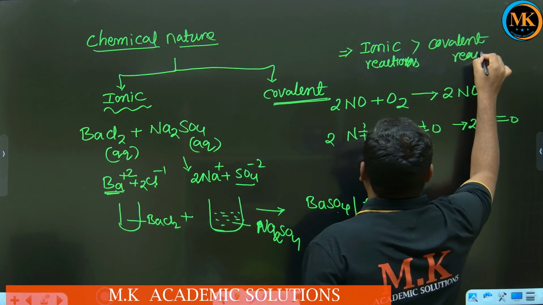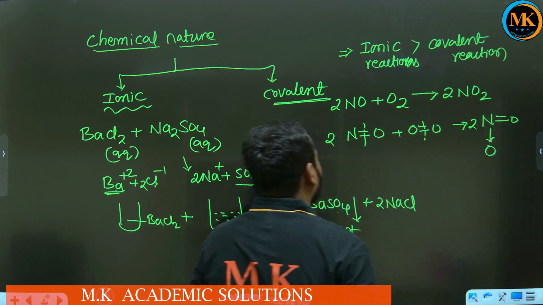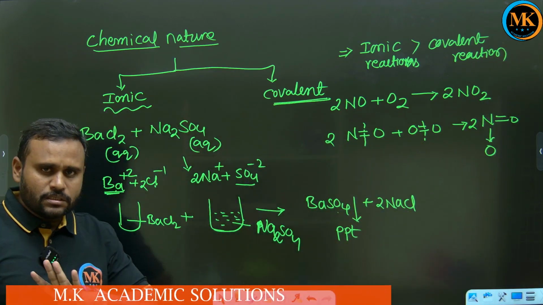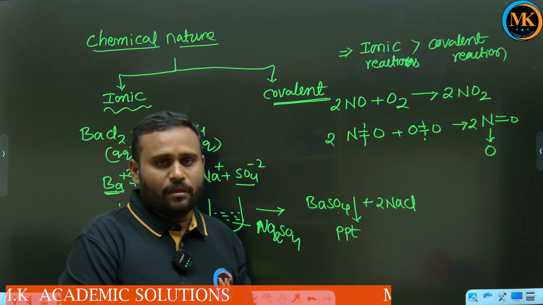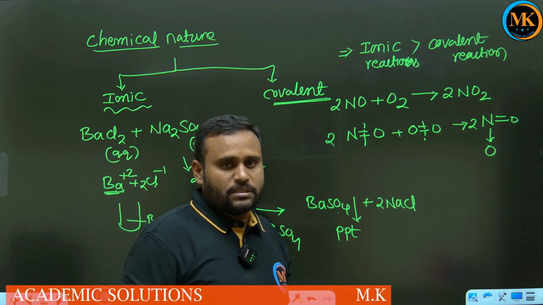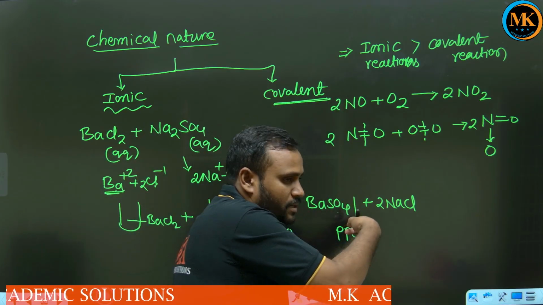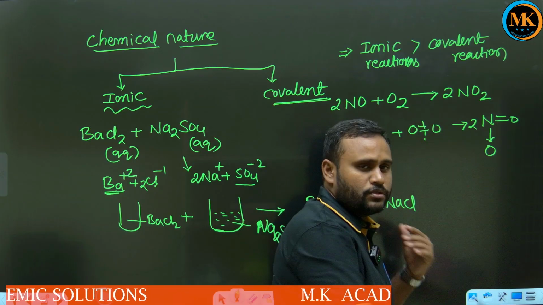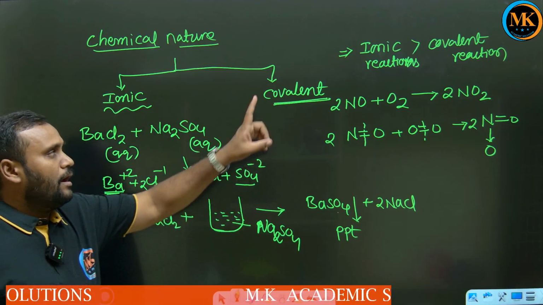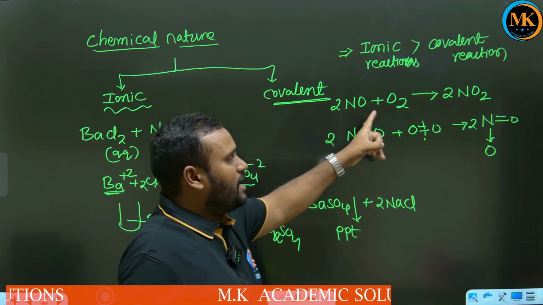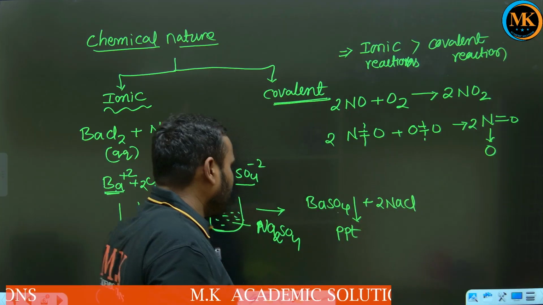What is the simple reason we need to give, children? In case of ionic reactions, there is no need of breaking and making of bonds. But in case of covalent reactions, we need to break the old bonds and they should form the new bonds. That is the reason ionic reactions are fast when compared to covalent reactions.